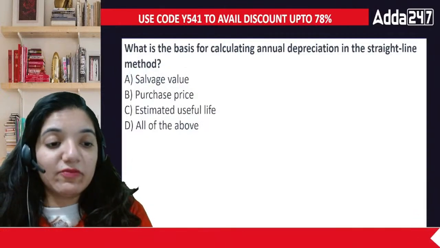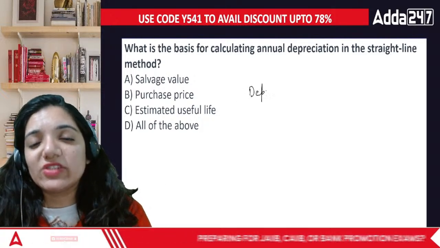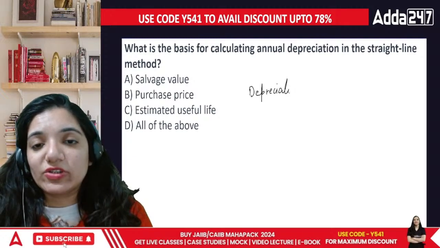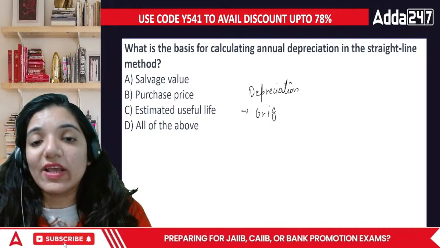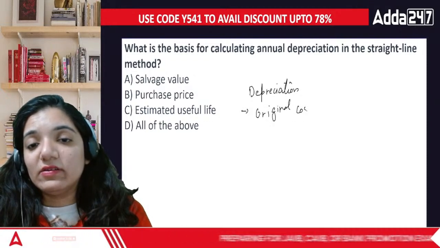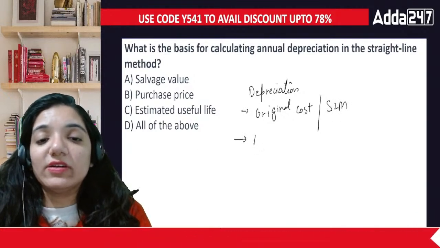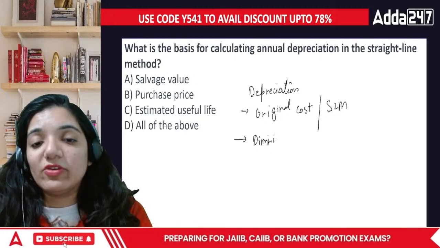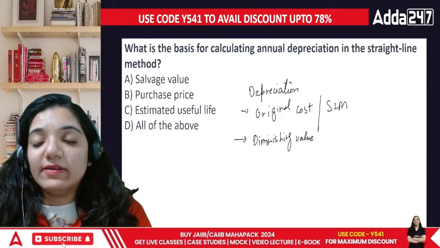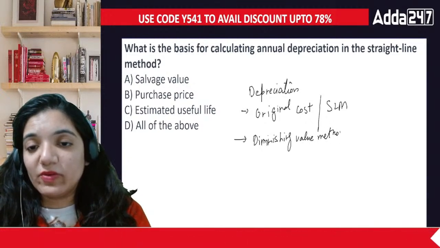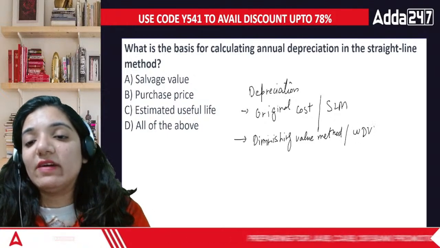Before I proceed further, do you know how many methods there are in terms of depreciation, the methods which are covered in your book only? That is all the portion that I'll be discussing. The number one method is original cost or SLM, the straight line method. The second method is called the diminishing value method or WDV method. There are other names as well, but these are the most common ones: diminishing value method and WDV, written down value method.